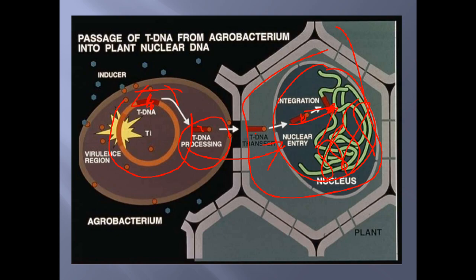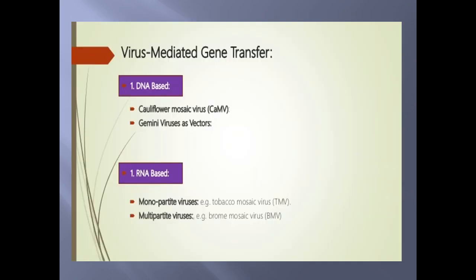In the same way, Agrobacterium here is an inactivated pathogen which is able to deliver the DNA into the plant but is unable to cause disease in the plant. So we call Agrobacterium here a disarmed pathogen. This is mainly the indirect method of delivering DNA into the plant.